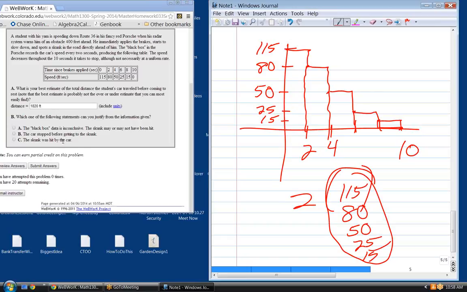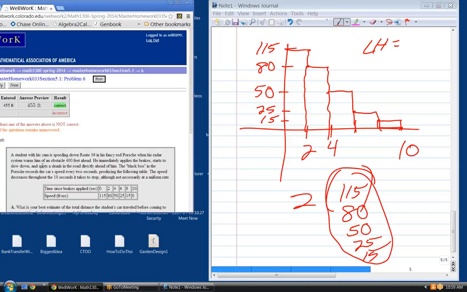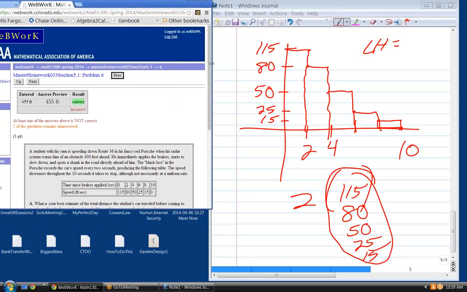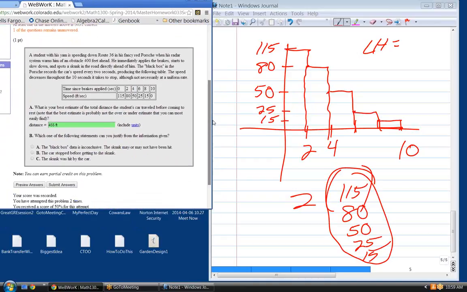Okay, but if you got the average, it can't possibly be that. Yeah, I don't know what I did. What'd you get for left hand? I think I did, try 455. I think I actually hit times 2 instead of divided by 2. 455 feet. Good save. Okay, yeah. I just multiplied it by 2. Because otherwise we were going to have to go through all of it.